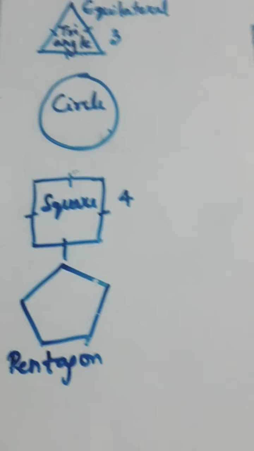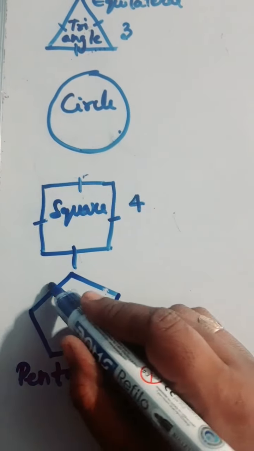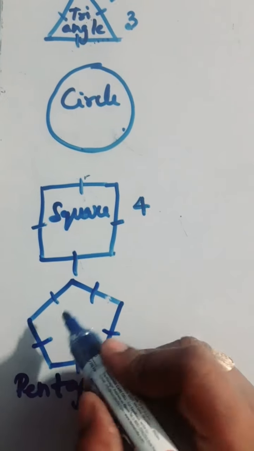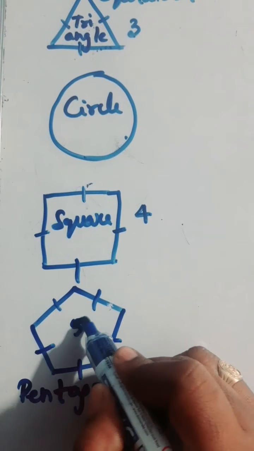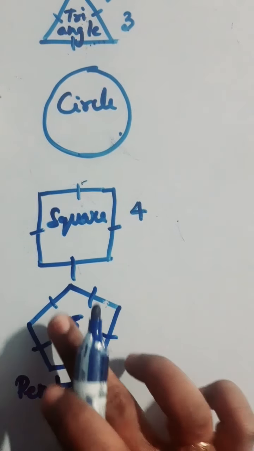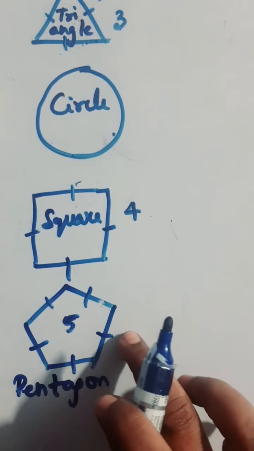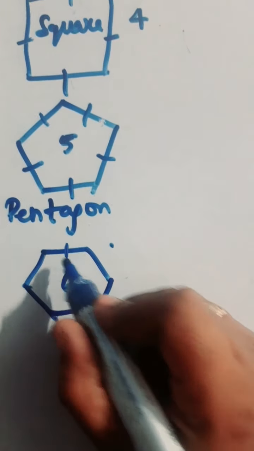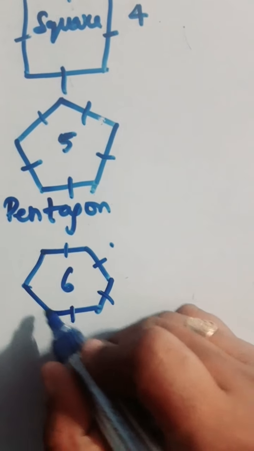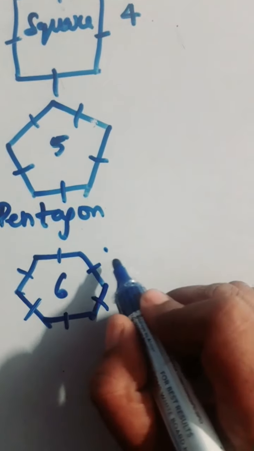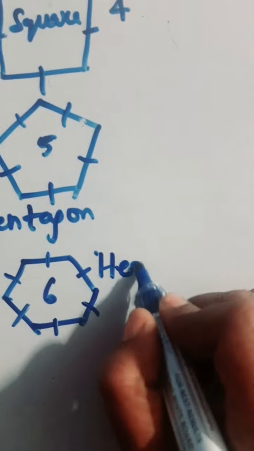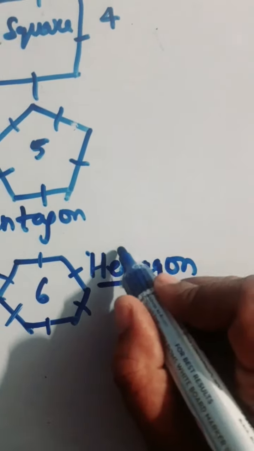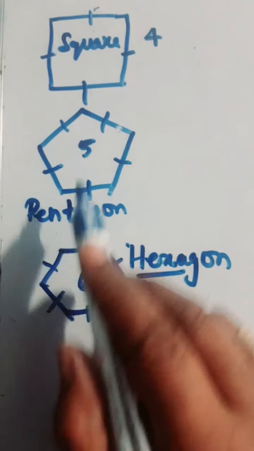The next one is a regular polygon with 5 equal sides. Such a polygon is called a pentagon. Then we have a regular polygon with 6 equal sides. Such a polygon is called a hexagon, children. Hexa means 6. Penta means 5.